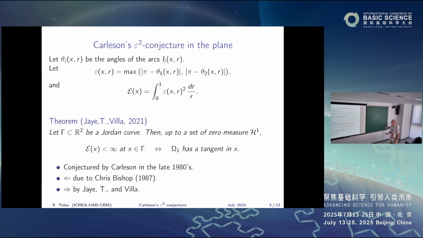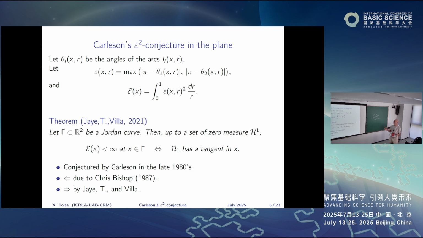Then, in a joint work with Benjamin and Keleville in 2021, we proved the result which was known as Carleson's conjecture. The result asserts that if we have a Jordan curve, which may have infinite length, it could be, for example, some kind of snowflake, then up to a set of 0 length (one-dimensional Hausdorff measure for me is the same as length), this square function, a function that depends on x, which we call a square function because there is a square inside, is finite if and only if omega has a tangent at this point.